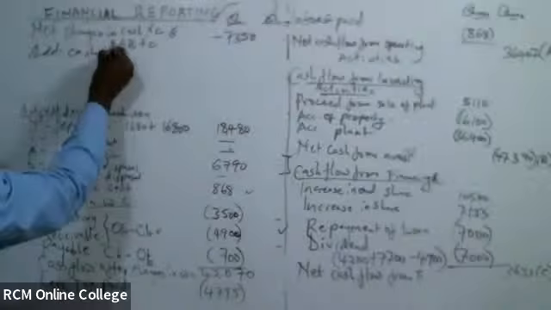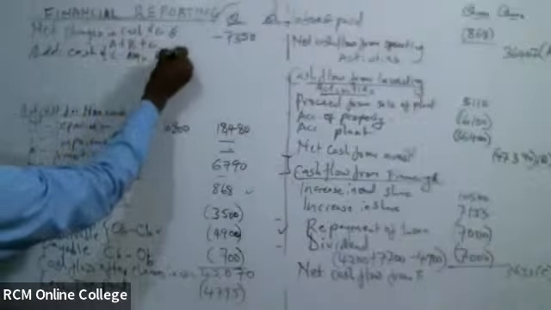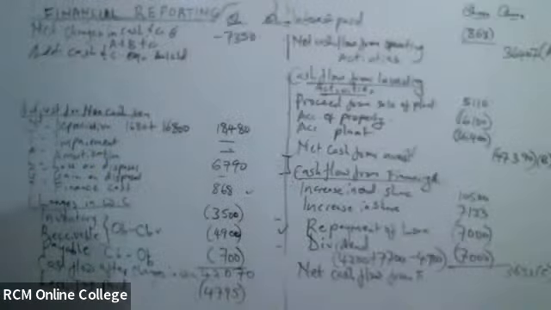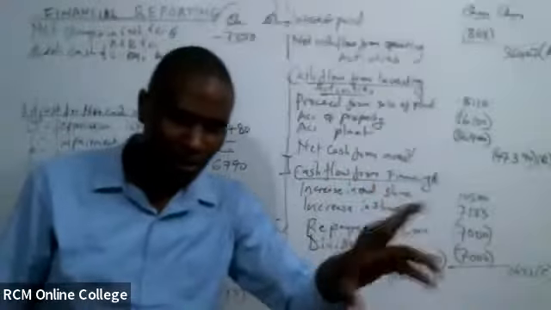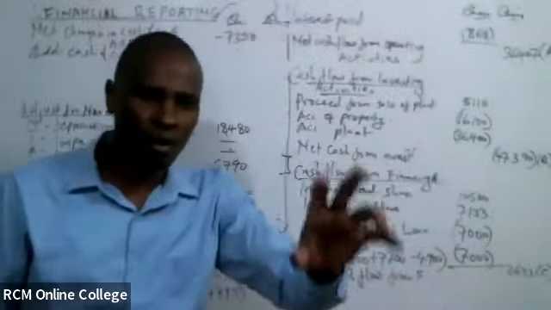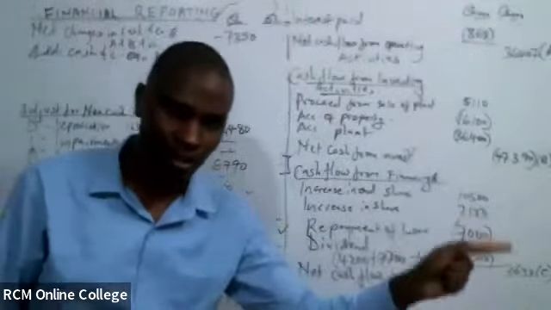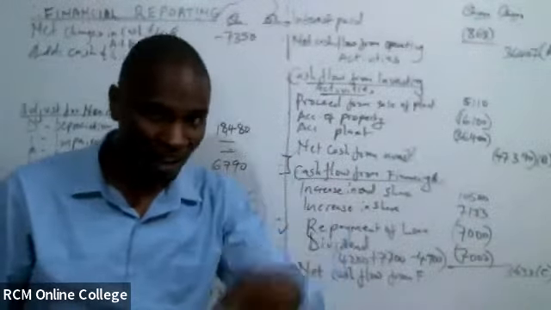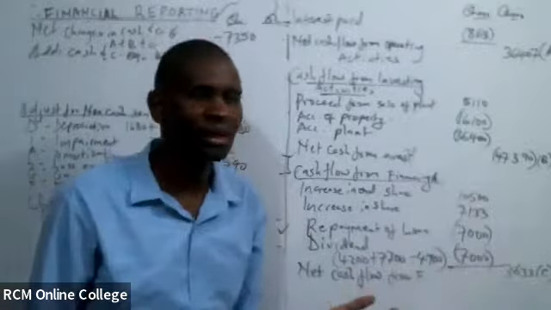And then add cash and cash equivalent. Balance carry down. So hii tumesema vile una compute. Unaenda pale kwa cash zenye ziko, unaangalia cash ama banki ilikuwa ngapi. Kama kuna short term investment unaangalia, unaongeza pamoja. Hiyo ni ya previous year. Alafu unatoa bank overdraft. So kama hakuna bank overdraft, there's nothing to subtract.